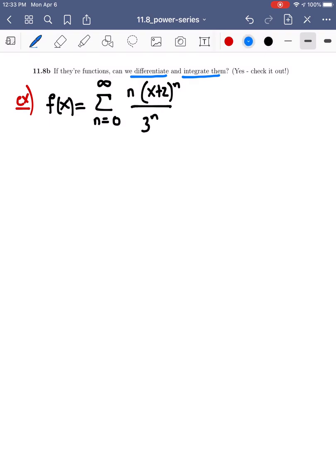So in the lingo of our previous video, we would say this power series is centered at x equals a, at x equals 2. And we would also say that all the coefficients on each successive term in our power series are given by the non-x dependent stuff here. So this would be n over 3 to the n.